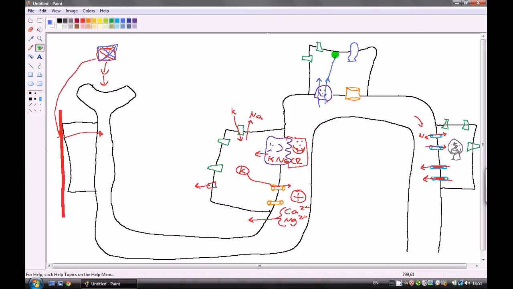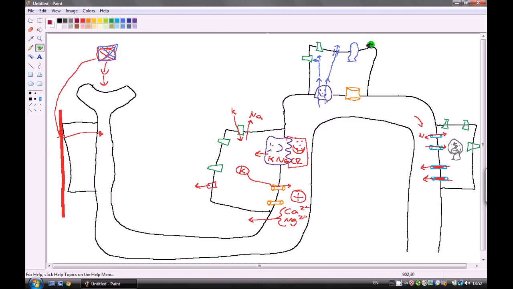Chloride goes through the chloride channels and goes back to the blood. Sodium, on the other hand, is going to come in through these and go out, and then potassium is going to come in.